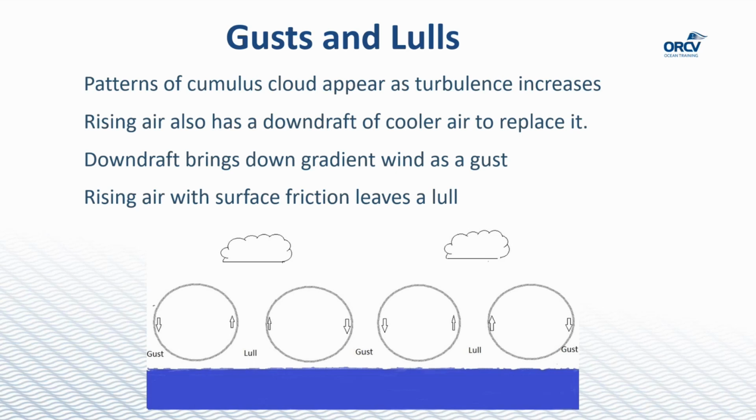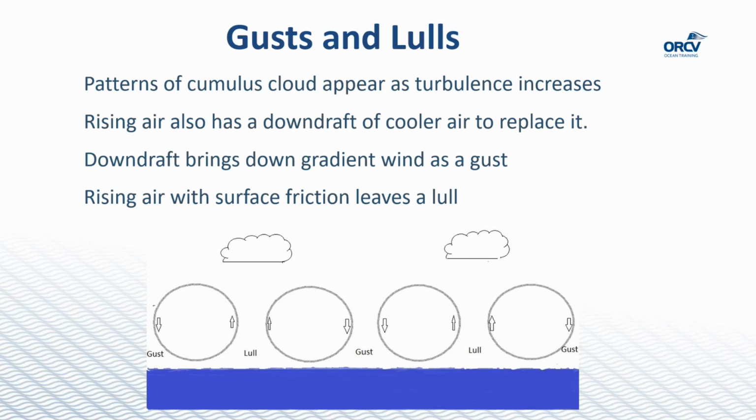And in effect, you get a circular motion appearing from under the cloud. It goes up, and then you've got air coming down, and it goes on the side of the ascending air, and you get a rotor effect. And one on the other side, if you've got two clouds, a pattern appears of rising and falling air.